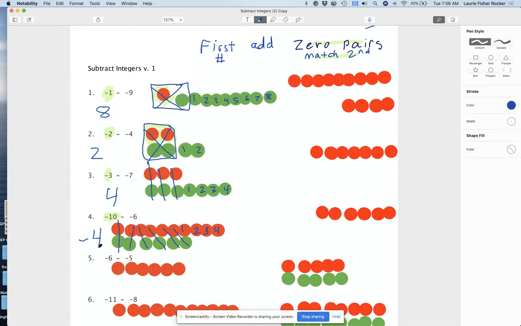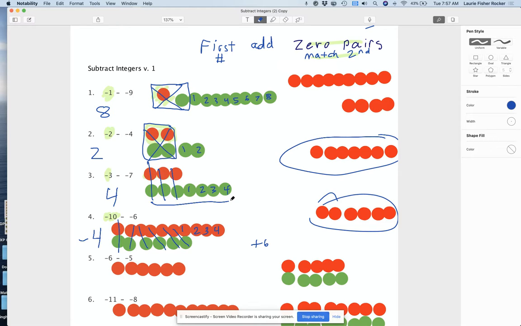Now, what I want you to start noticing is, if I'm taking away negative, look at what's left behind. So in this case, I took away negative 6, and I left behind positive 6. And then I simplified. When I took away negative 7 on number 3, I was left with positive 7.